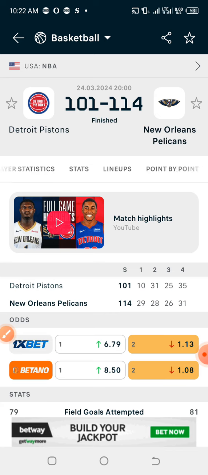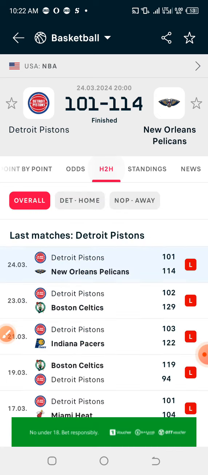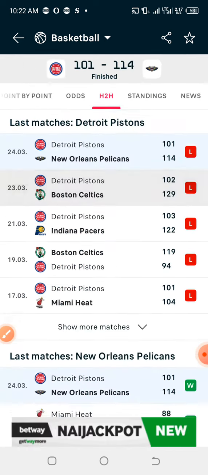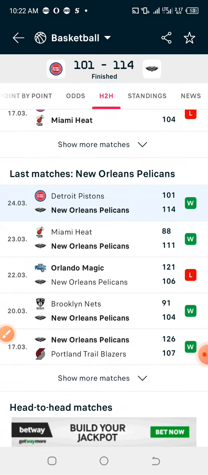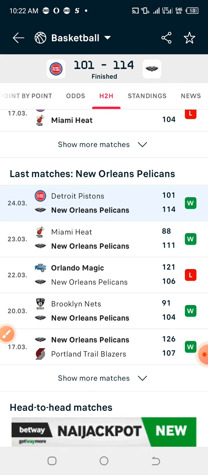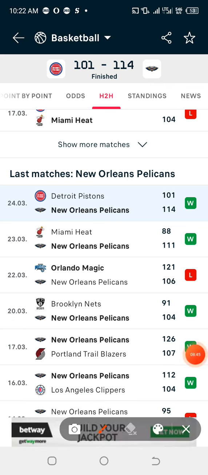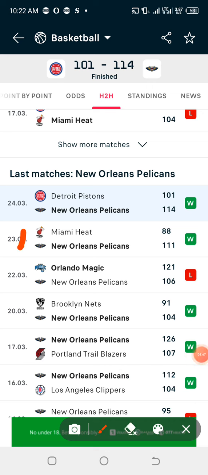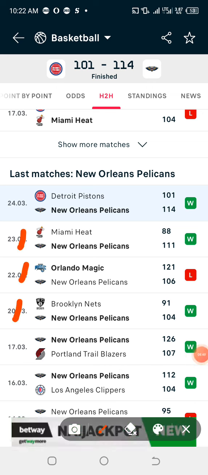Now let us check the head-to-head. The head-to-head is what we are looking for, and how many times the away team has played other teams while away. Now let's see. In the last 5 games, we have 1, 2, 3, 4, 5.